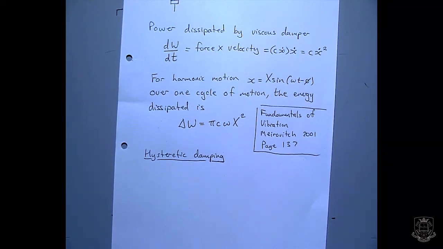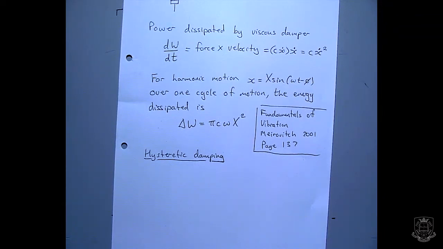It would be quite reasonable to say, well, why are we bothering to look at this hysteretic damping? Viscous damping is relatively easy. We know it's a constant times a velocity. The issue is that viscous damping is easy, but it doesn't always reflect the real behaviour, the physics, of the systems that we're considering.